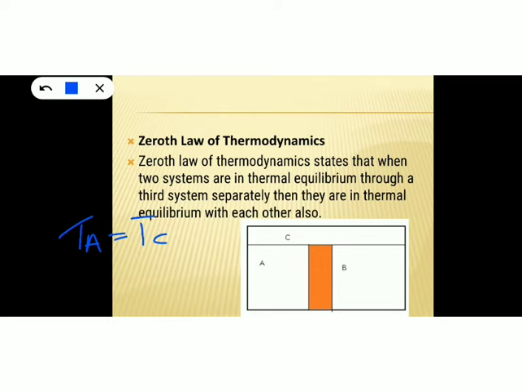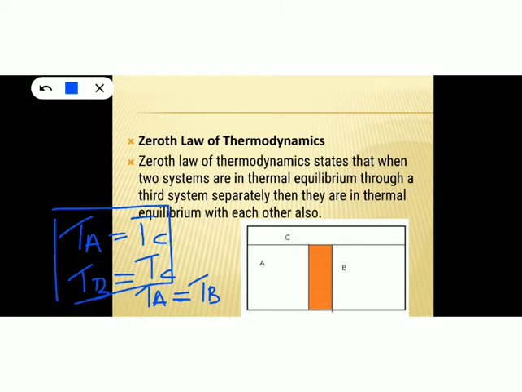Similarly, if B is in thermal equilibrium with C, then the temperature of B is equal to the temperature of C. If this is true, then the zeroth law states that the temperature of A will be equal to the temperature of B. That is very clear from these two expressions. Isn't it? Because the LHS are the same, the RHS can be equated. That means the temperature of A is equal to the temperature of B, so A and B are in thermal equilibrium with each other.